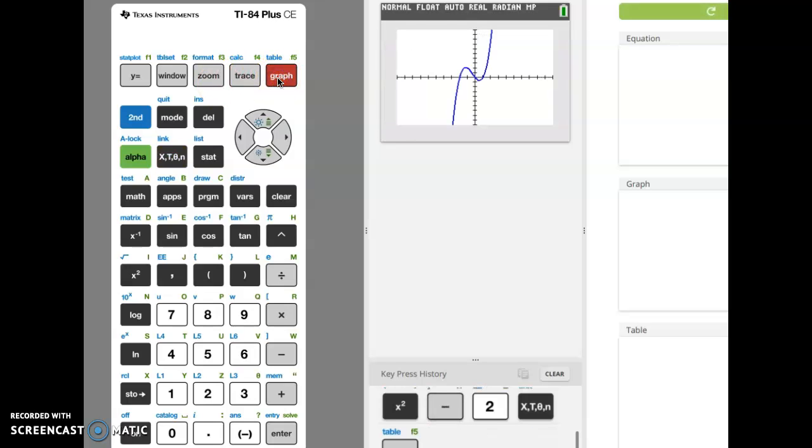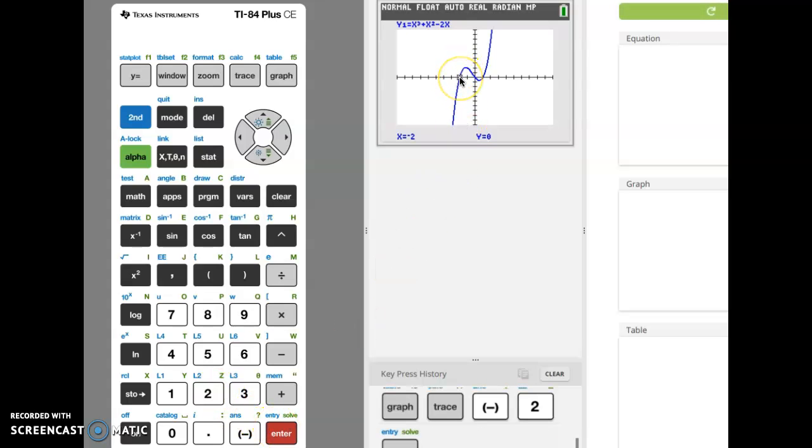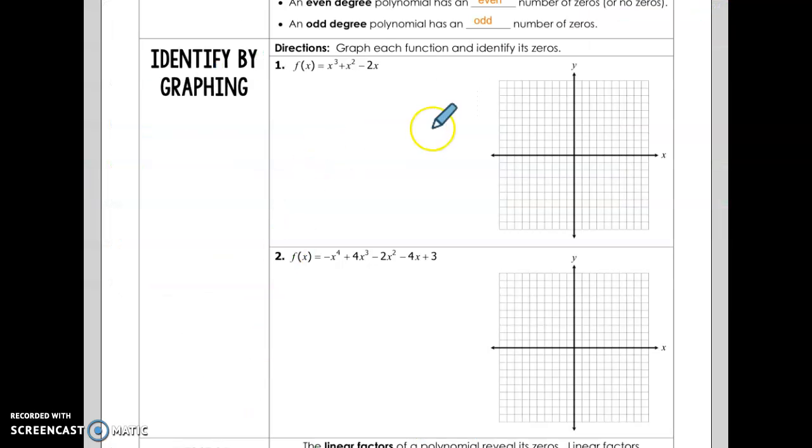I've got a nice little cubic function there. What's nice about this is I can trace. It looks like 0, 0 is one of my roots. I'm also going to trace at -2 because it looks like that's one of my roots, or zeros, and it is, and it also looks like 1 is as well. Awesome. So I've got -2, 0, and 1. So I'm just going to quickly place -2, 0, and 1 on my function.